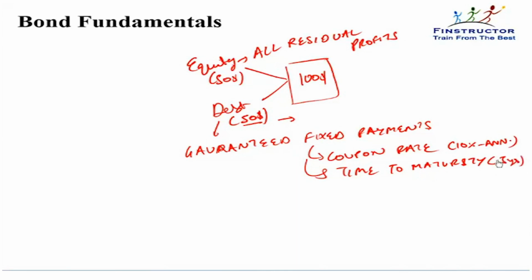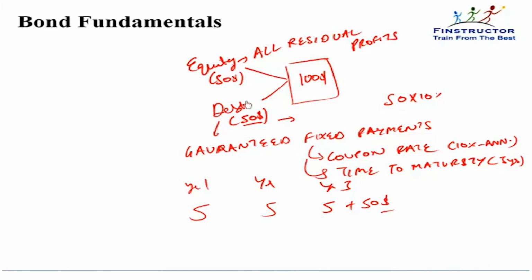Then the fixed cash flows from this fixed income instrument would be $5 at the end of year 1, another $5 at the end of year 2, that is simply 10% of the par value of 50, another $5 at the end of year 3, and at the end of year 3 he also gets his principal back of $50.